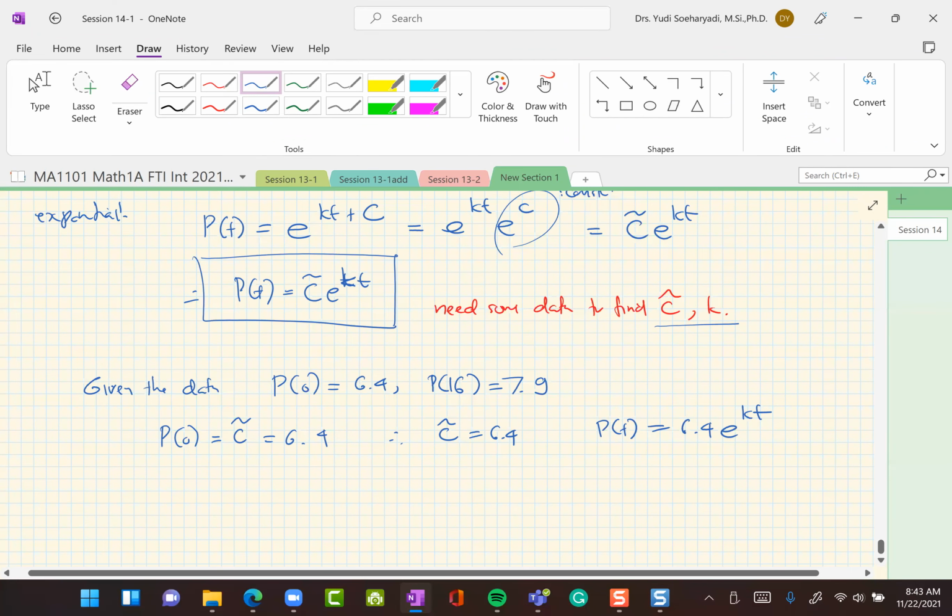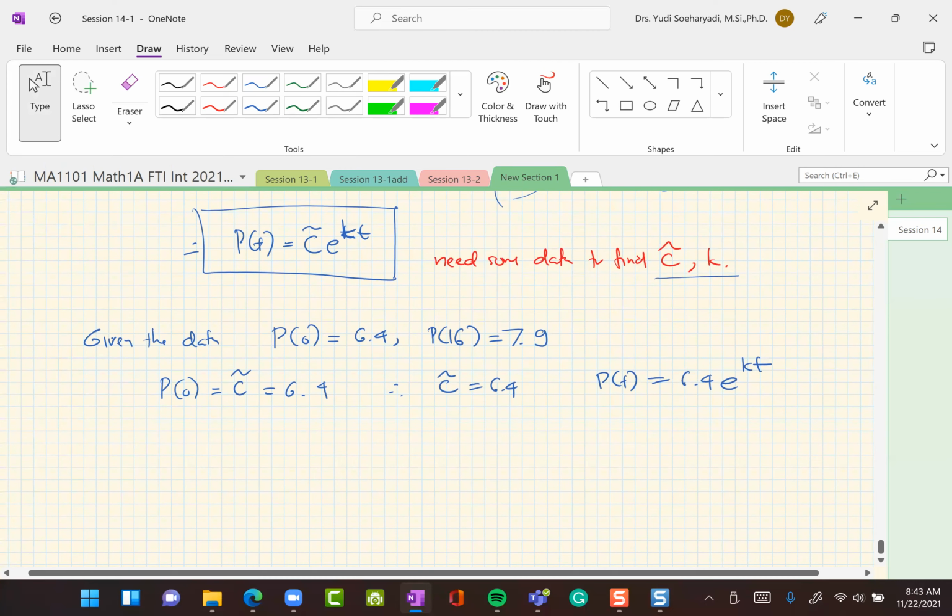We use P of 16 to find k: 6.4 e to the 16k is 7.9. From here, e to the 16k is 7.9 over 6.4.